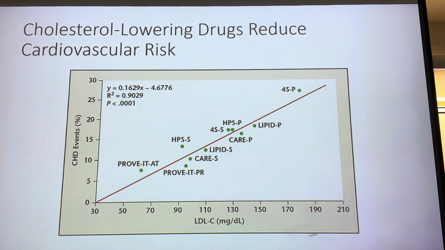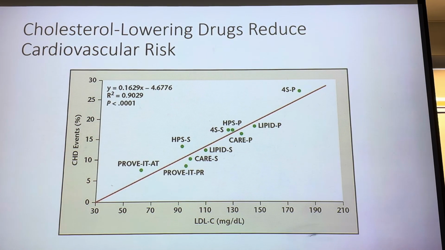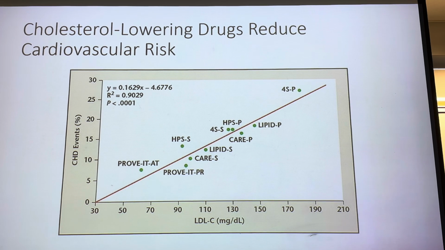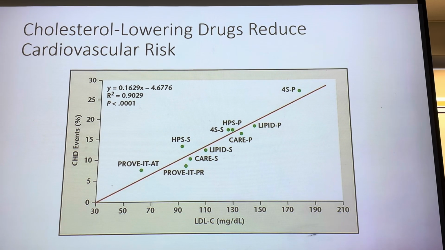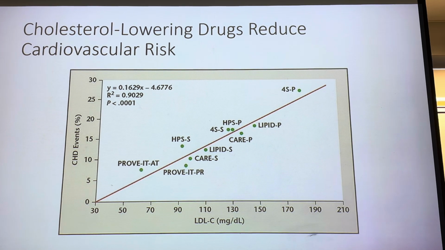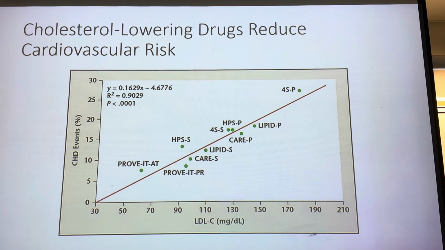All right. So one of the other aspects is that all this stuff is correlative, right? You don't necessarily know whether HDL and LDL are really the causative factors influencing cardiovascular risk, either positively or negatively, or are they just markers?